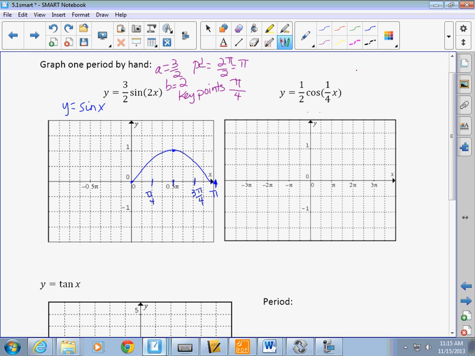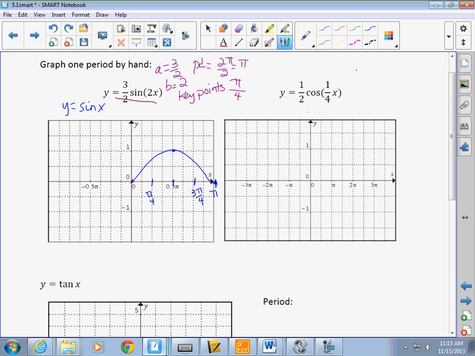That's right, it's going to do a full curve. So this graph, all right, this graph's going to be in purple. This is y is equal to sine x. Nice. So that means on my sine graph, at my first key point, I'm at 0. And then I go up.